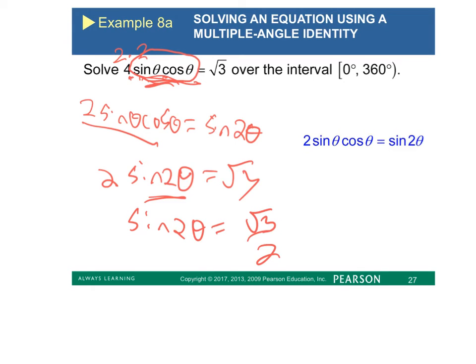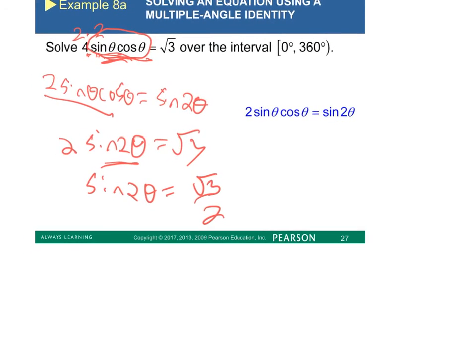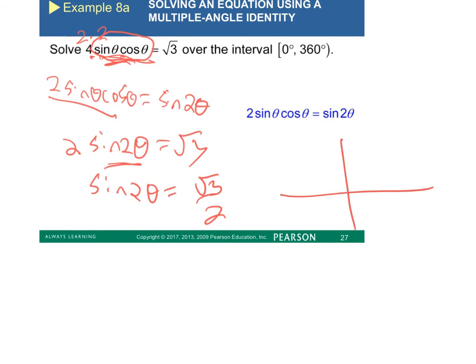Where have I seen that before? It's positive, so where is sine positive? Draw my triangle over here. Opposite over hypotenuse, square root of 3 over 2. That's a 1. This angle here is 2 theta.